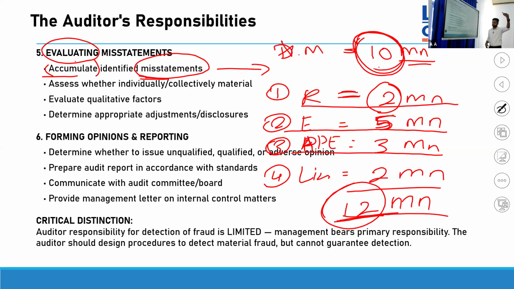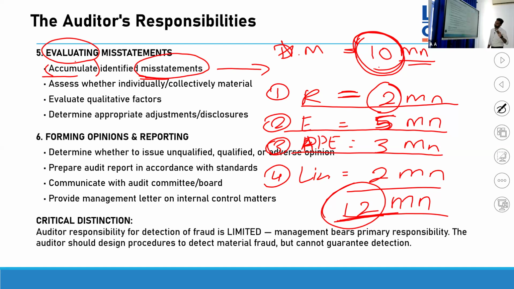At the time of planning our audit, we must determine the materiality. It can be based on the revenue, profit before tax, assets. There are some criteria in order to determine the materiality.